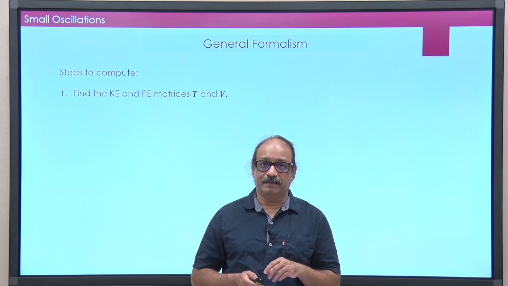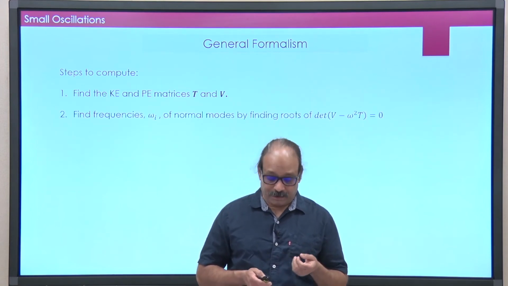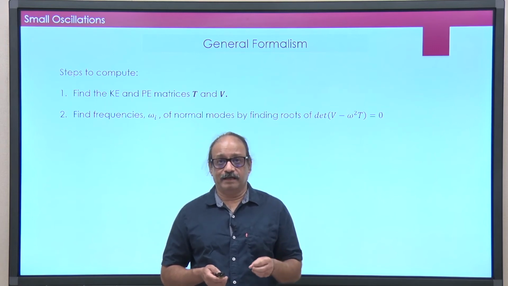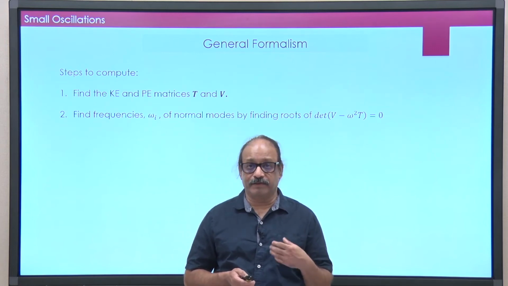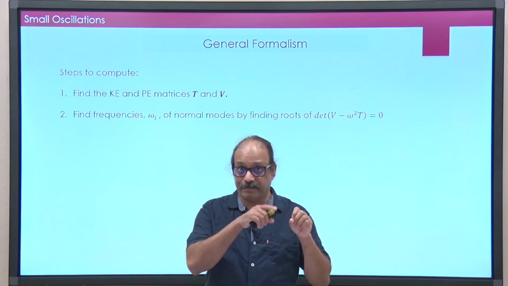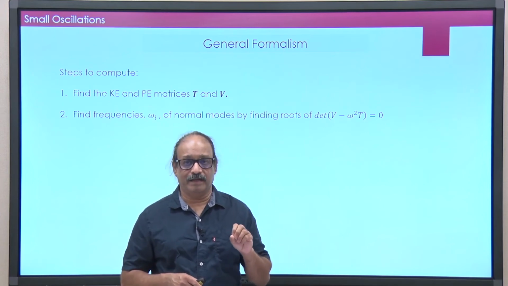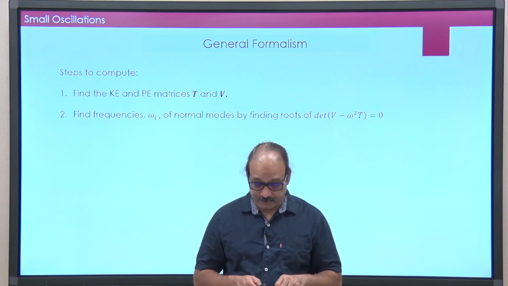Then find the V matrix by doing a Taylor expansion. Then you find the eigen frequencies omega i. Now, of course, omega i square appears in the eigenvalue equation, remember, but once I have omega i square, I can of course take a square root.